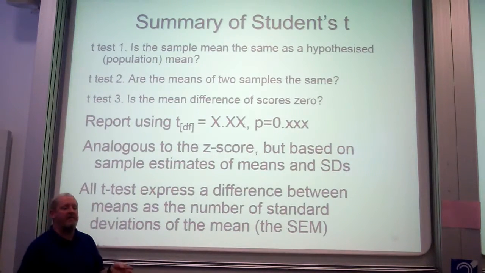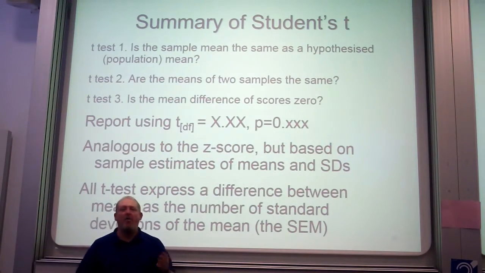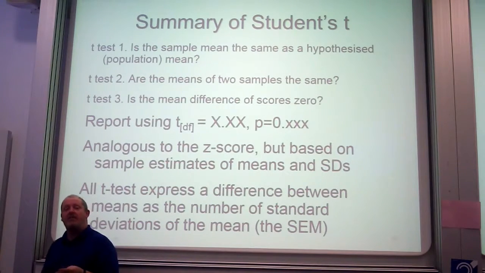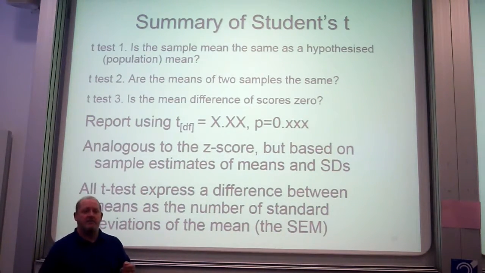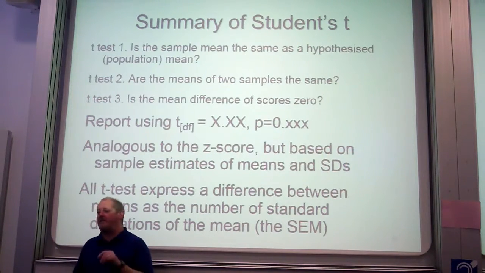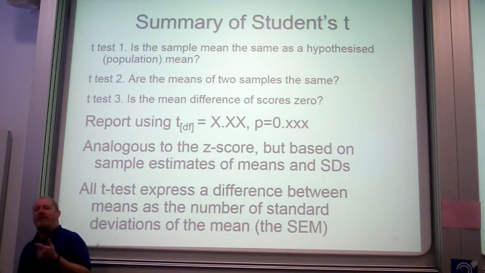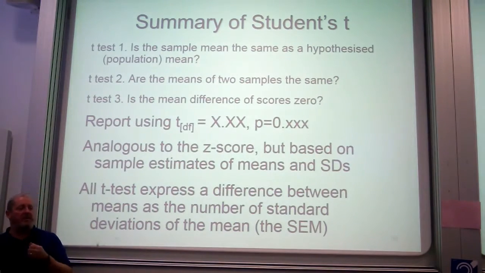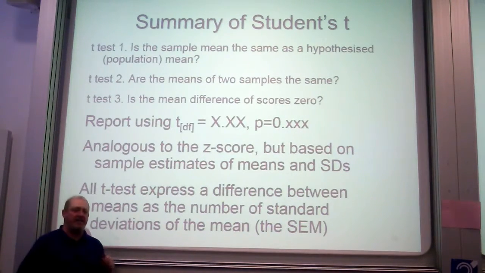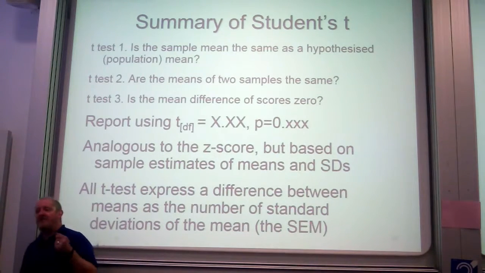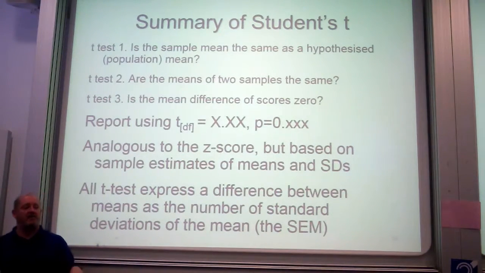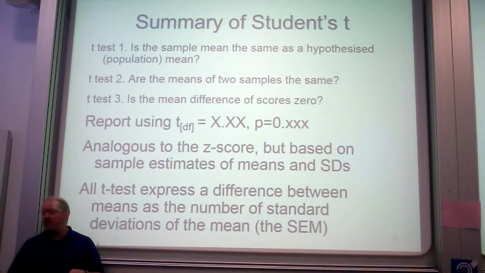So we've got 3 variants of t-tests. All that varies between them really is the number that you put into them. But we're always expressing the distance between 2 points. One might be a hypothesized mean, typically of 0 or not. But the distance between two things is the number of standard deviations of that distribution.